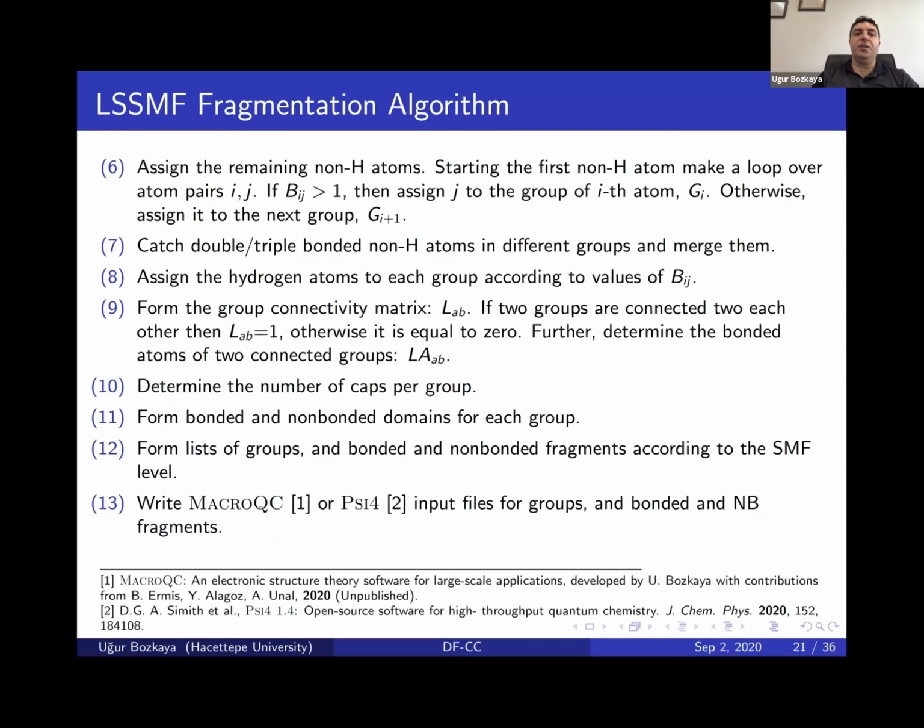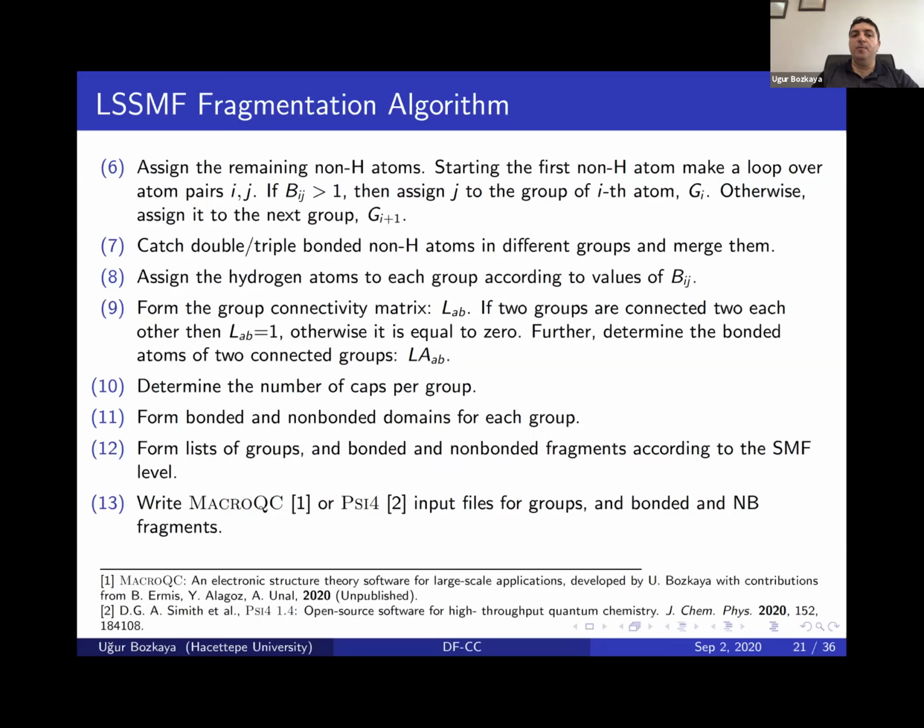Then assign the hydrogen atoms to each group according to the values of the B_ij. Then form the group connectivity matrix, LIB. If two groups are connected to each other, then LIB is 1, otherwise it is equal to 0. Further, determine the bonded atoms of the two connected groups. Next, determine the number of hydrogen caps per group, and then form the bonded and non-bonded domains for each group.